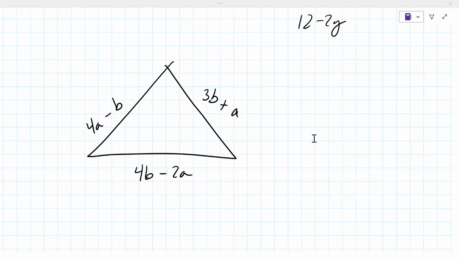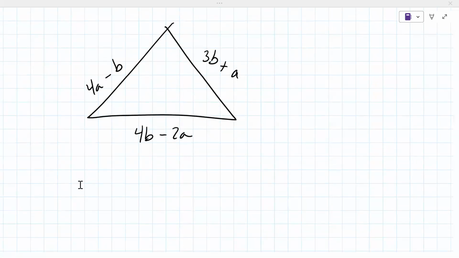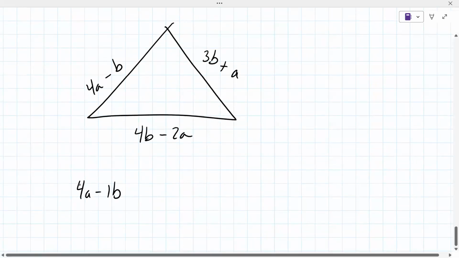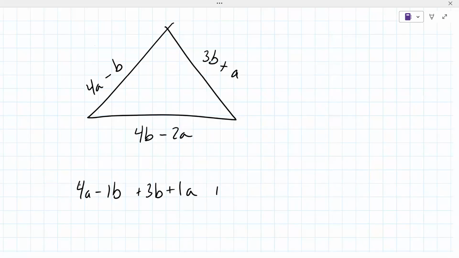I agree with your 6b, but not your a. So let me just write this out. So 4a minus 1b, that's the first term top left, plus 3b plus 1a plus 4b minus 2a.